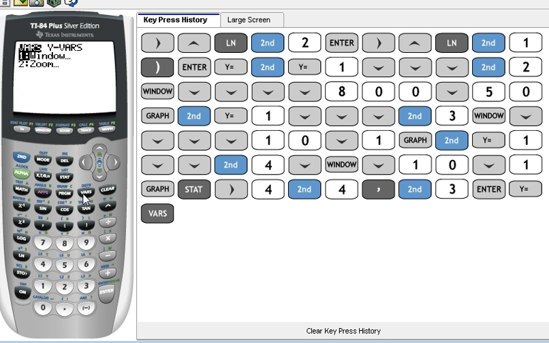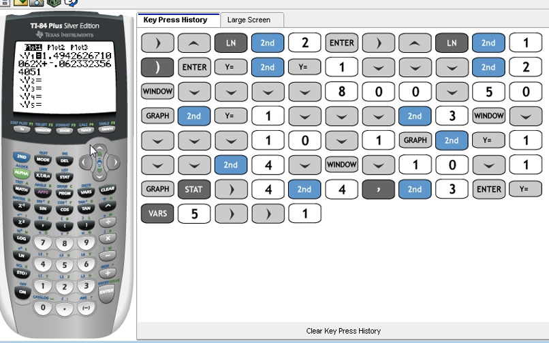So we go Vars, 5 for statistics, over to the right for the equation, and press 1. Now when we graph, we see the equation line going through the plot, and we're satisfied that the correct model is a power function.